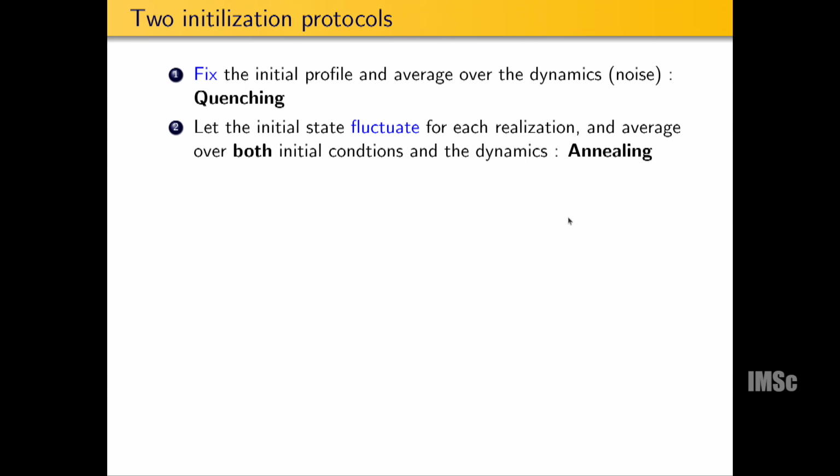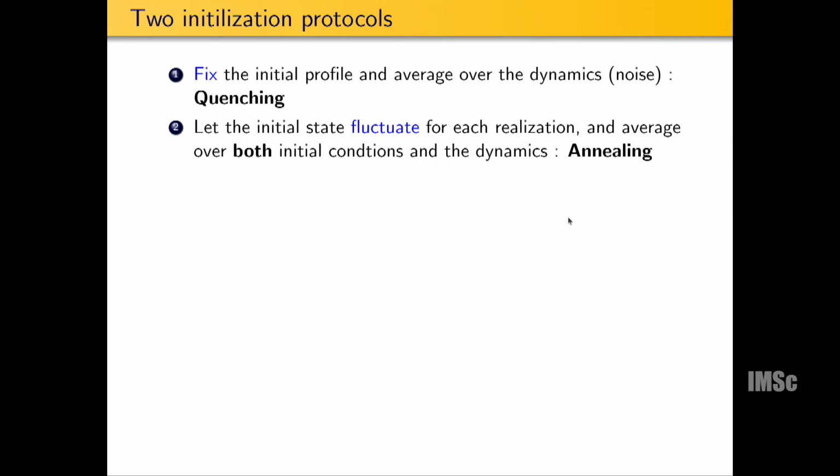This is the idea of disordered systems: you either fix the initial profile and average only over the dynamics to calculate the moments and distribution functions of the observables, or for every realization of your experiment, you let the initial condition fluctuate as well, and then you average over both the initial condition and the dynamics. This way of looking at initialization problems is called annealing.